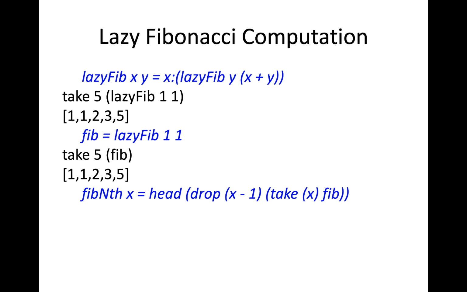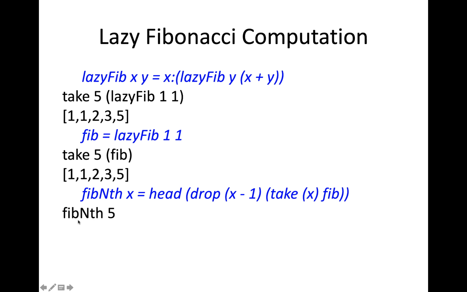And if you are interested to take only the xth number in the Fibonacci series, your input is x, then that means we can drop the first x minus 1 items and keep only the last one as your output.